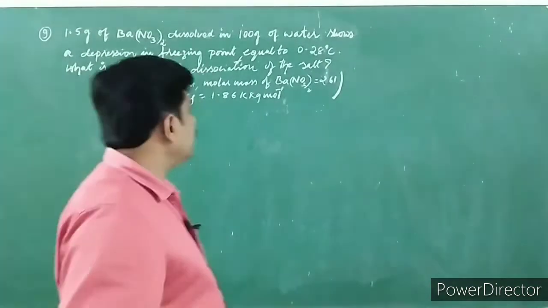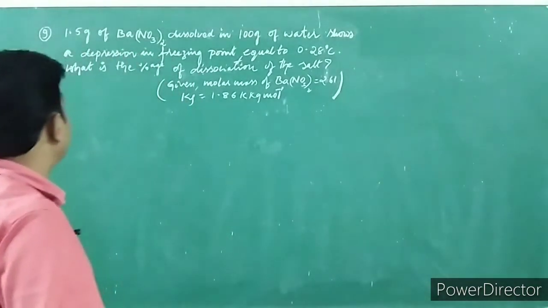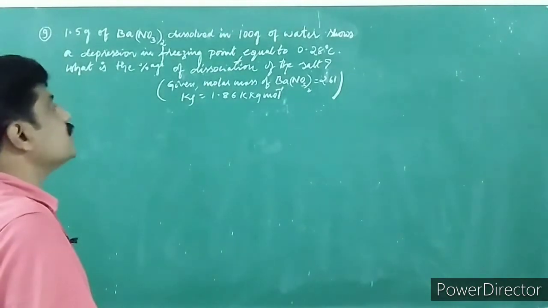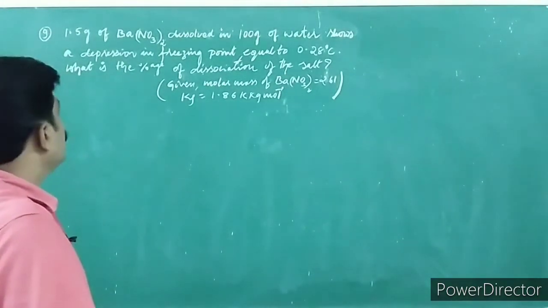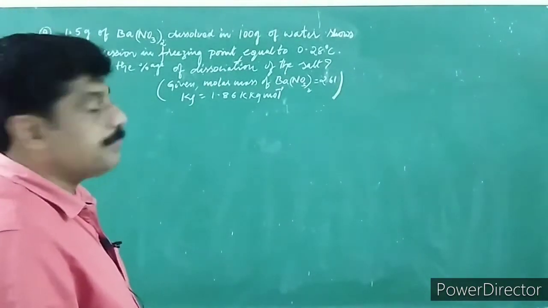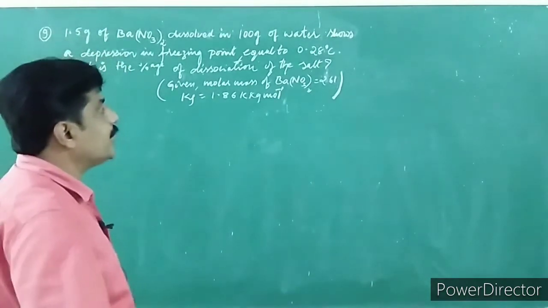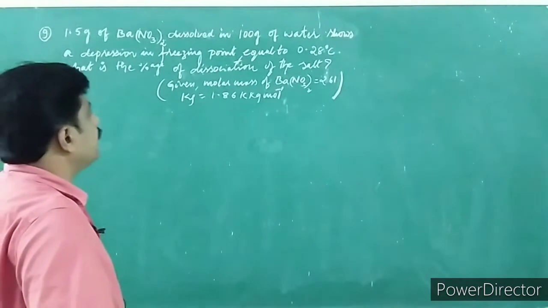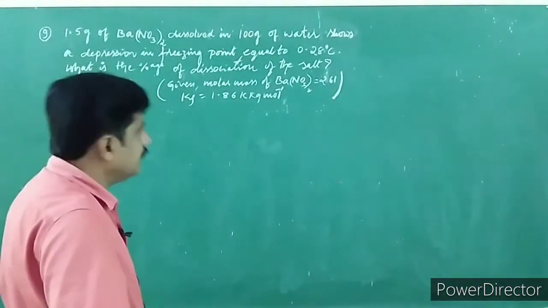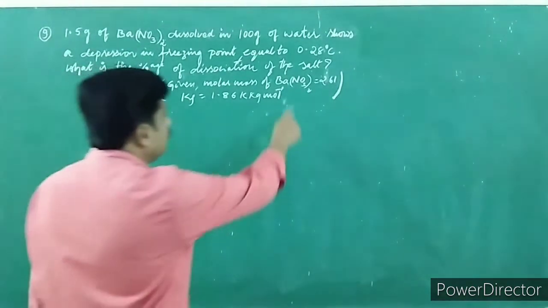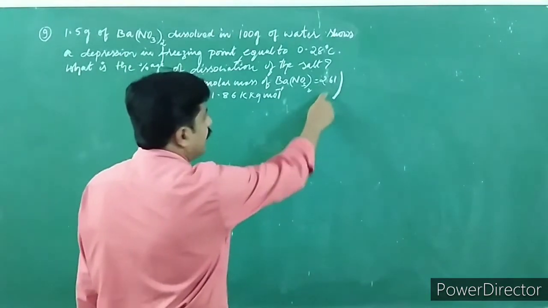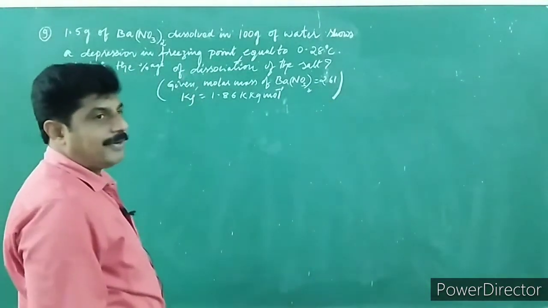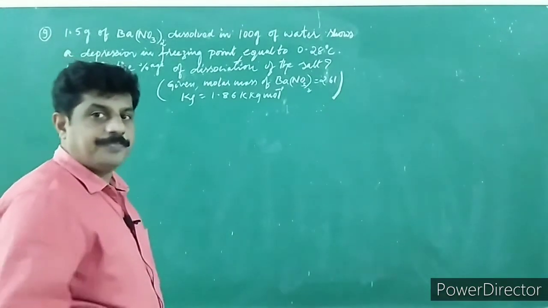Children, let us go for the next numerical under Van 't Hoff factor. 1.5 grams of barium nitrate dissolved in 100 grams of water shows a depression in freezing point equal to 0.28 degree Celsius. What is the percentage of dissociation of the salt? Given the molar mass of barium nitrate is equal to 261 unified mass and Kf of water is equal to 1.86 Kelvin kg per mole.